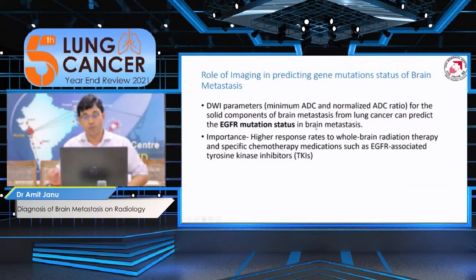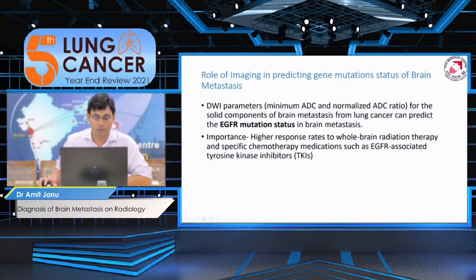Apart from that, for response assessment, we can predict genetic mutations in these particular patients based on the diffusion parameters. Multiple papers have shown that the components of EGFR mutations will have ADC values that are different from ALK mutations.